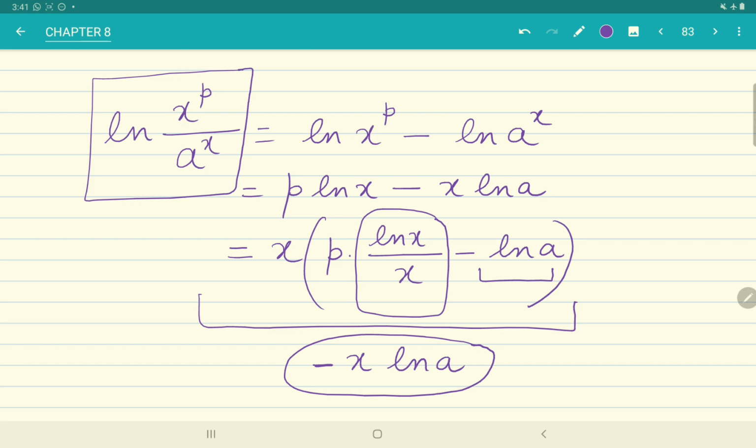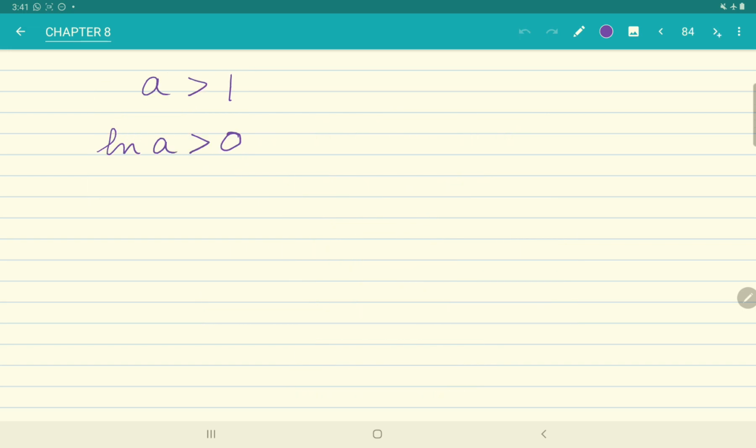So somehow we have to prove that ln x by x tends to 0 as x tends to infinity. This is what I should prove.